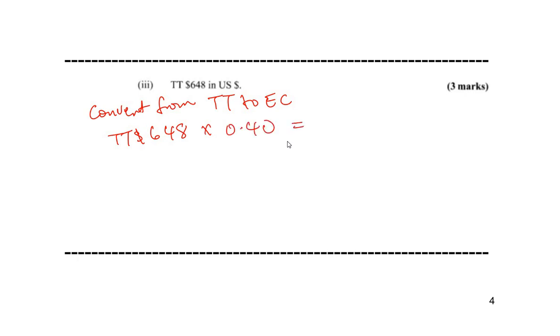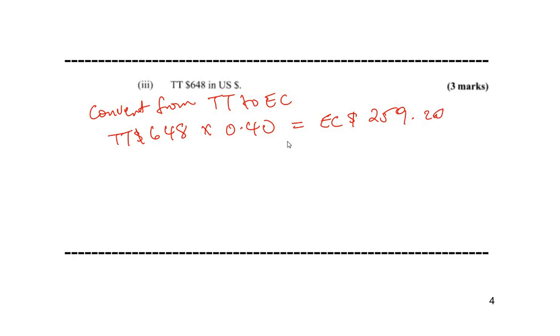So first, our step is to convert from TT to EC, and if we're converting from TT to EC, we multiply the TT 648 by 0.40, and that's going to give us EC $259.20.